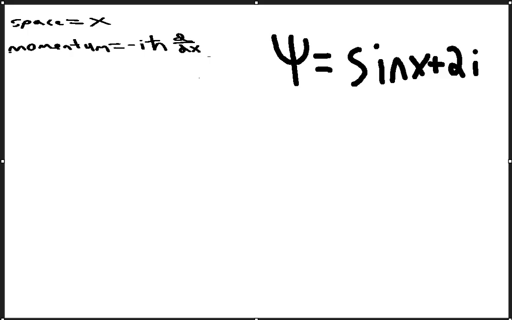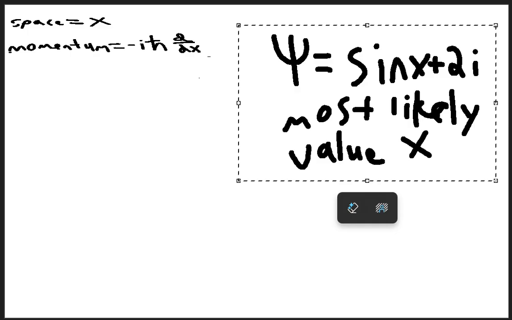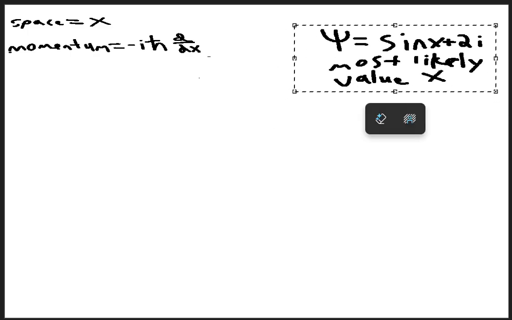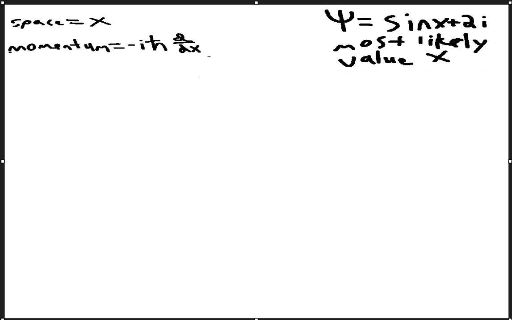And we want to know what is the most likely value of x. I'm going to move this out of the way. It's very nice to have these tools here to move things. So that's what we're trying to do, trying to find this value.